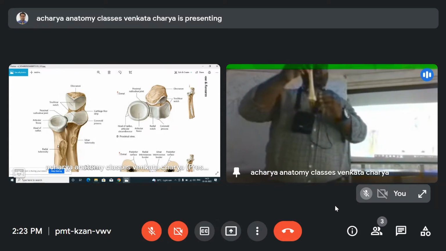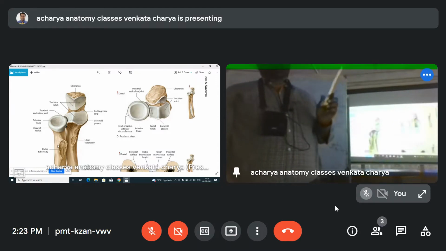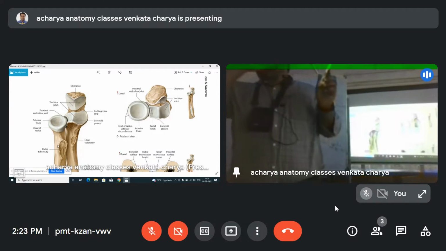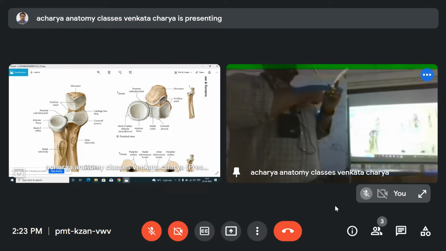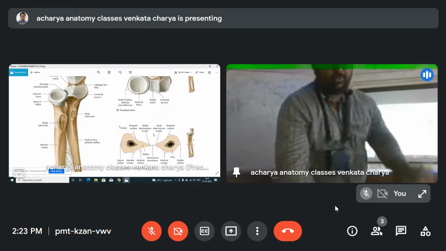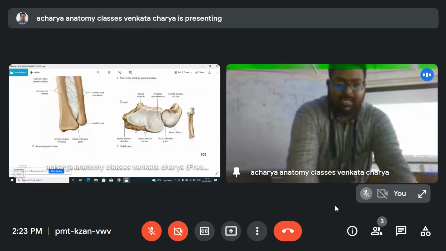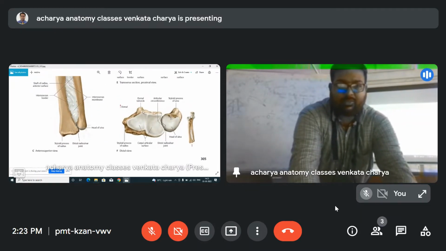Next point. Lower end posterior surface is a rough surface, and there is a tubercle called Lister tubercle.